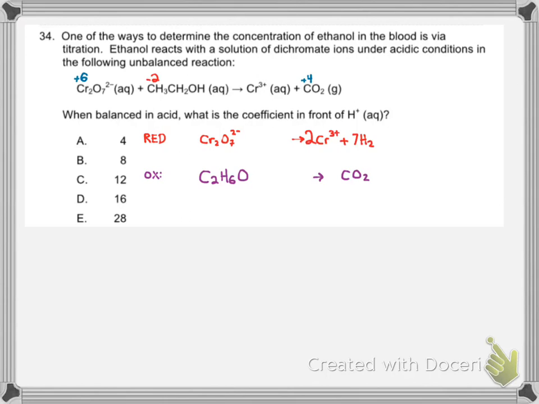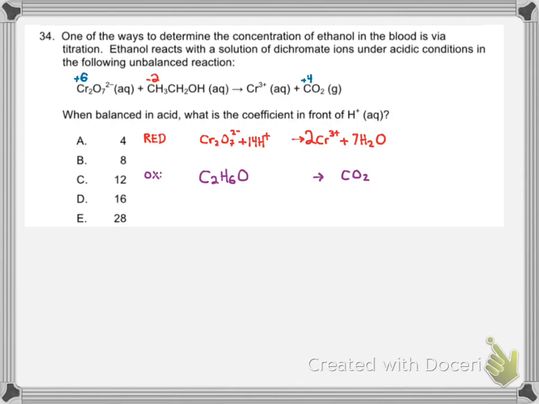But uh-oh, now we have a whole new problem. Hydrogen's not balanced, but we can balance it using H+. So we've got 14 hydrogens on the right. We're going to add 14 H+'s here.